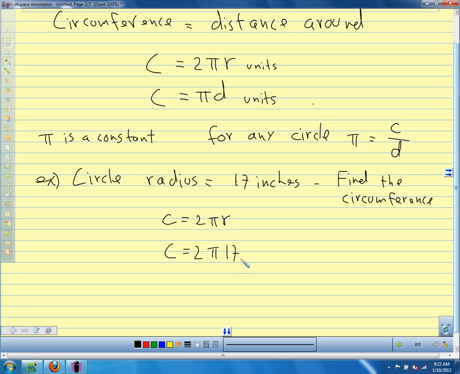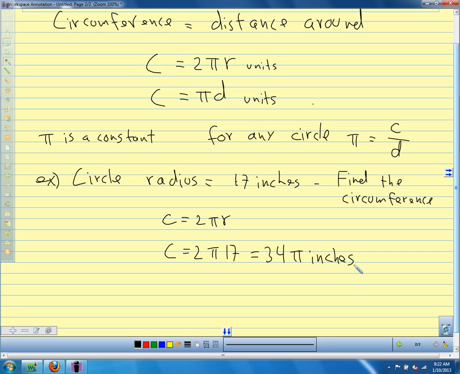Now for our exact answer, if the problem asks us for an exact answer or for an answer in terms of pi, what I'm going to do is multiply the 2 and the 17 and leave pi written in my answer. So I would write this as 2 times 17 is 34 pi inches.